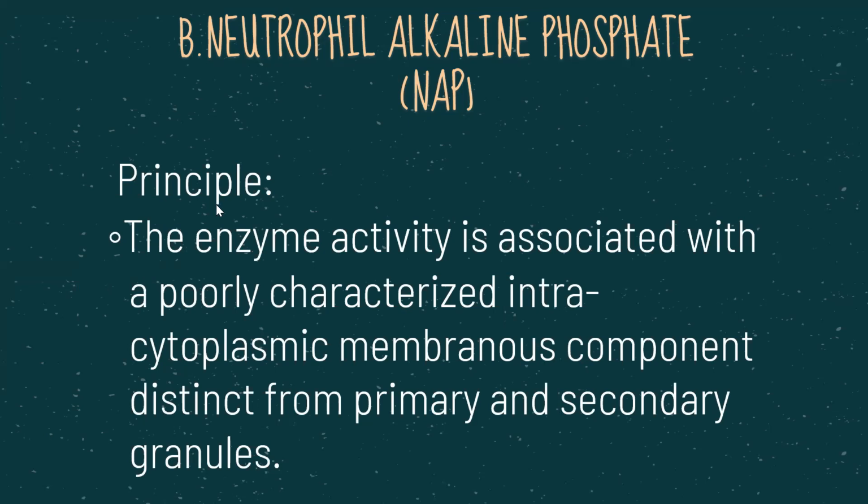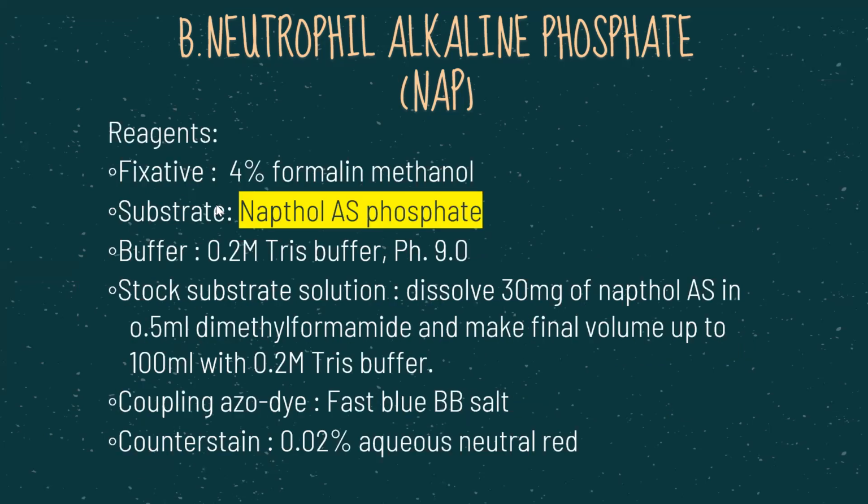The principle, okay, so the enzyme activity is associated with a poorly characterized intracytoplasmic membranous component distinct from primary and secondary granules of your cell. Okay. So here is your reagents.